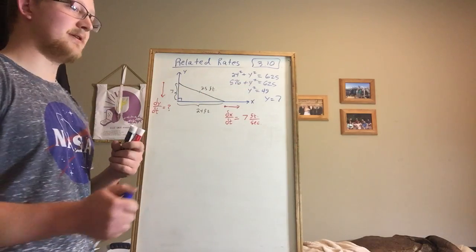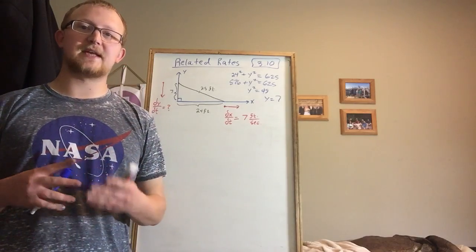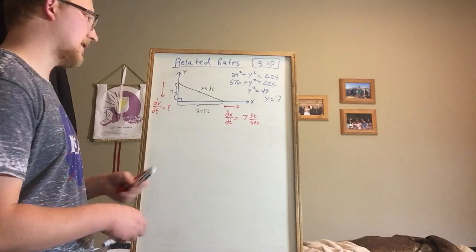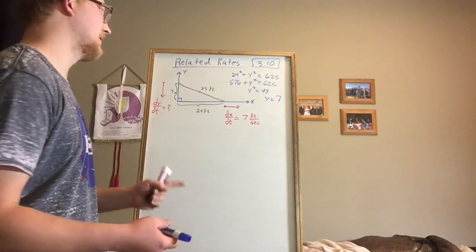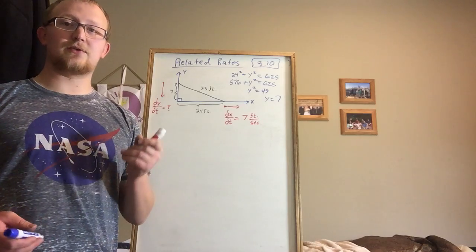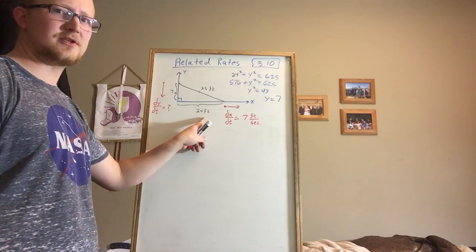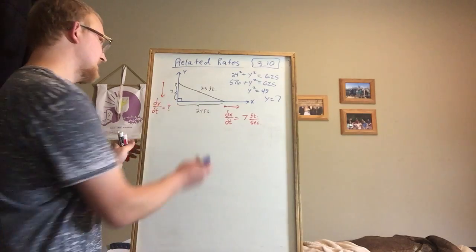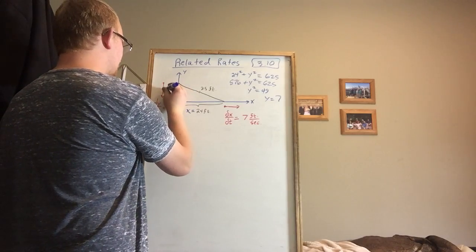So the next step here is to find a master equation, which is probably the most crucial step to this process of related rates. And whenever I see triangles, I usually think Pythagorean theorem, so it's important that we find an equation that we can write arbitrarily. And in this case, instead of calling this 24 feet and this 7 feet, let's go ahead and call this x, and we'll call this y.